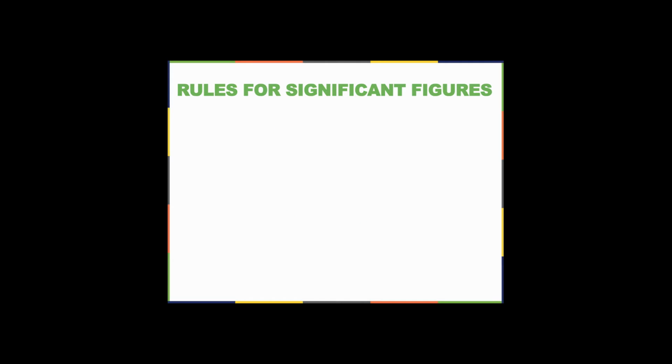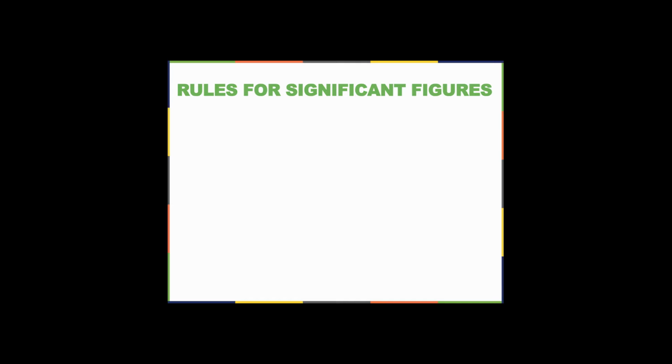Now, significant figures are a measure of precision and not accuracy. So as we go through the rules for significant figures, we have to remember that we are trying to retain the precision of the measurements in the answers that we give. The key thing to remember is the precision of your answer cannot be greater than the least precise measurement.